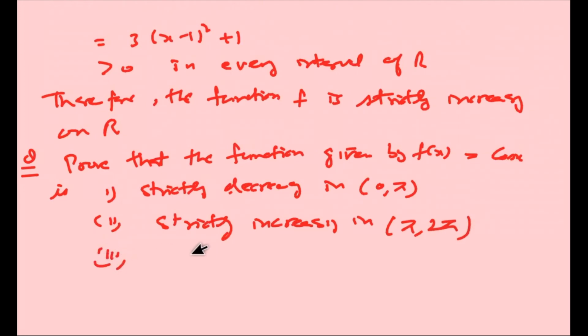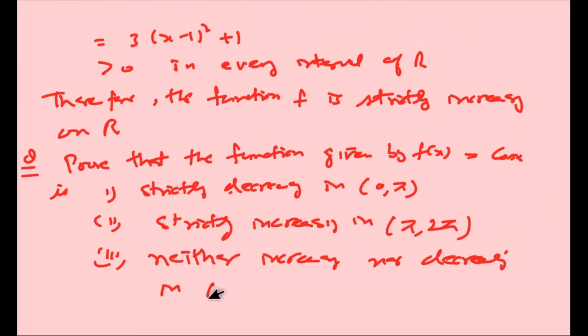Now, third, we can take neither increasing nor decreasing in interval 0 to 2 pi. Now, we are going to check it.